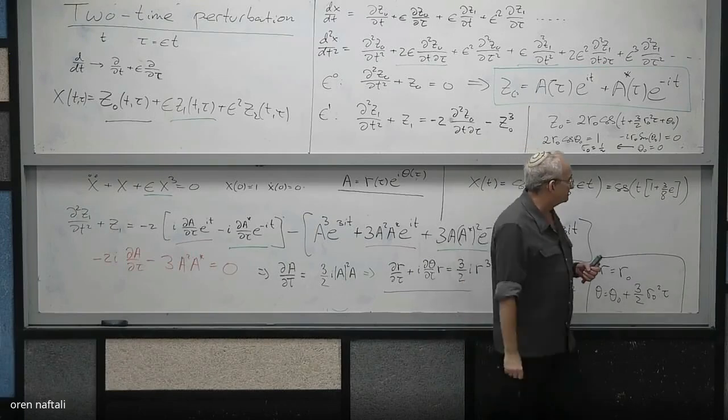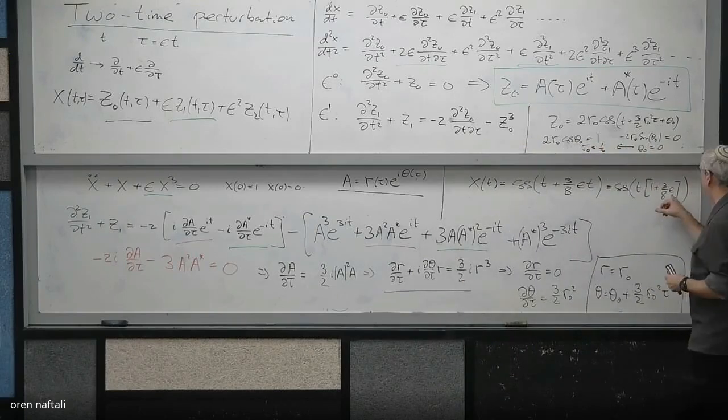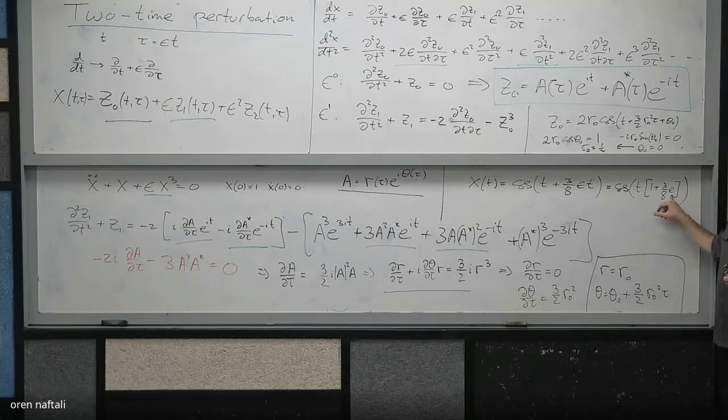And now with epsilon, to the leading order in epsilon, it just changes the frequency. Instead of omega naught equals 1, our omega is 1 plus 3/8 epsilon. Right? The period is 2 pi over omega, so the period gets shorter.